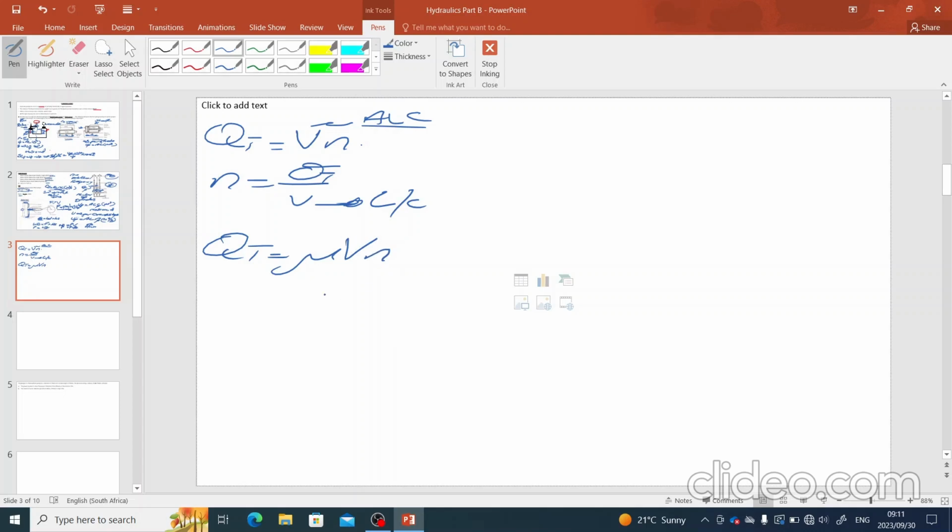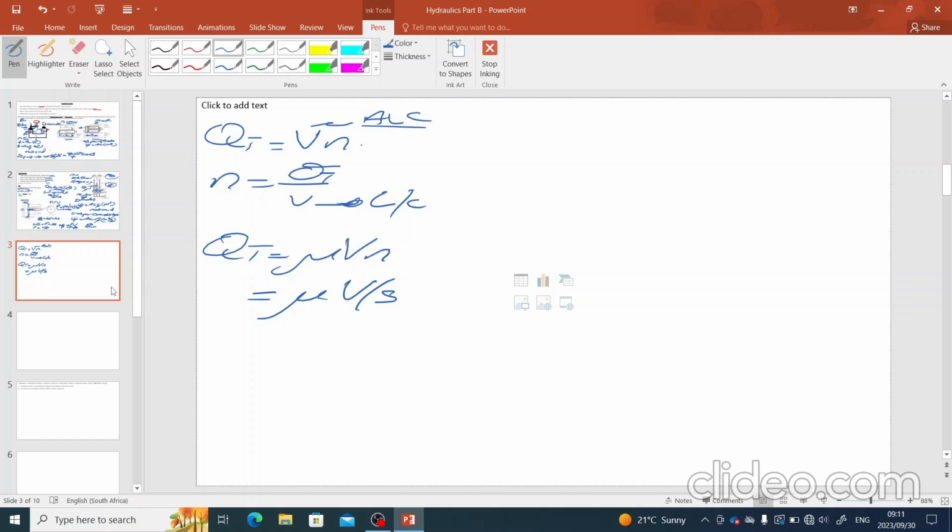Or it will be efficiency multiplied by V per second, where the N is included. How you want to see it doesn't matter, but please make note of this information. This is what we will be using to calculate anything that they want us to calculate.